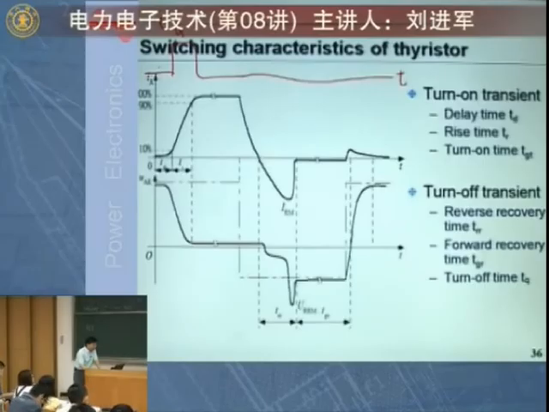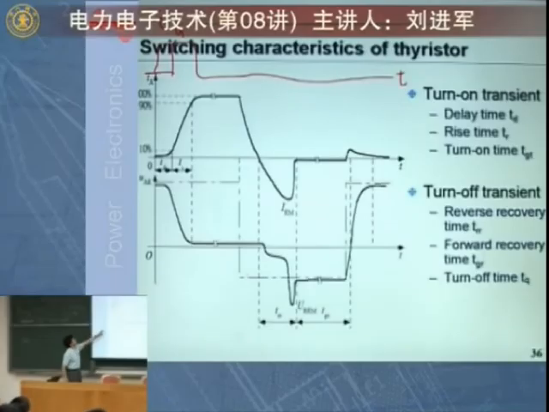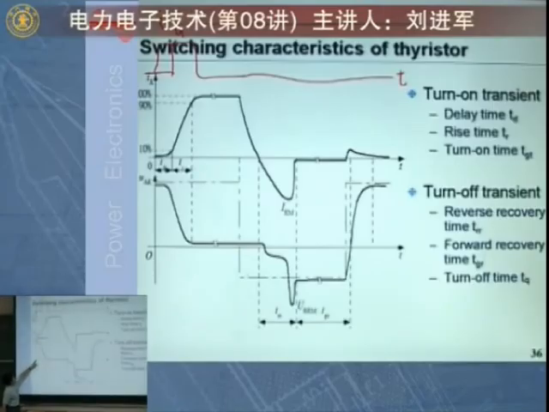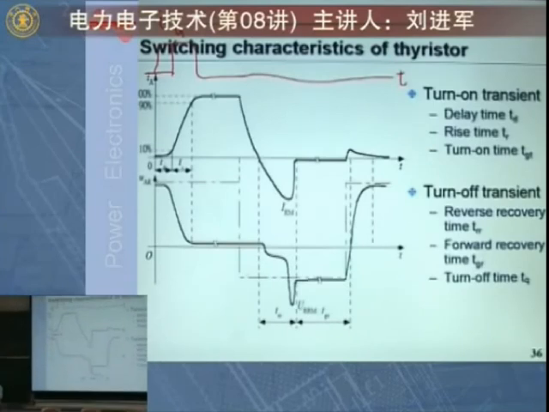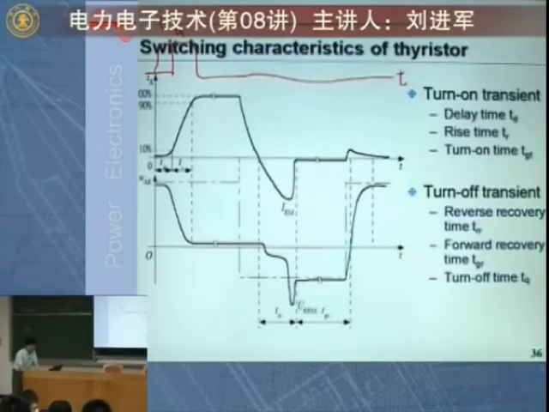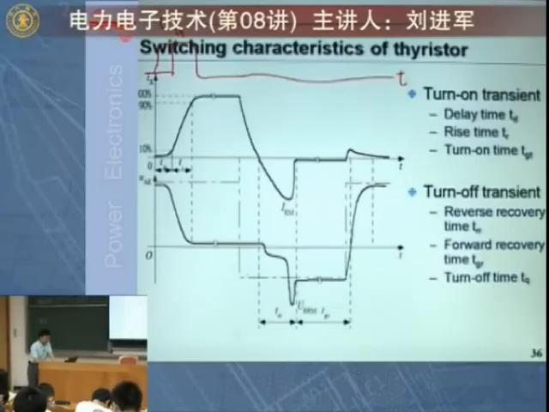I'm sorry, the time instant when you inject current into the gate should be here, starting from this time instant. So you inject gate current at this time instant, and then you take some time Td for the current to start to increase.